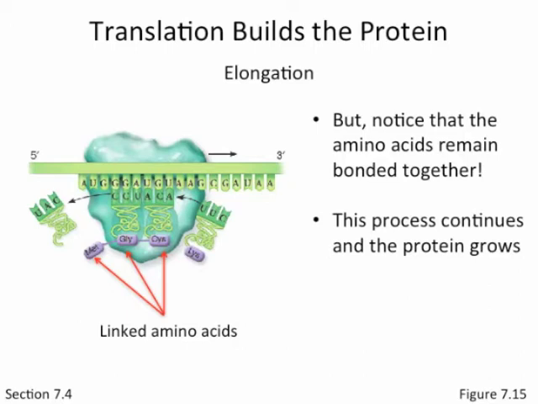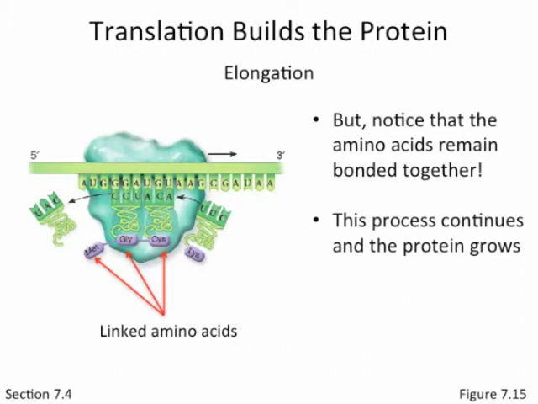Okay. What do you think is going to stop it? Eventually it's going to reach one of those stop codons, one of those regions that didn't code for an amino acid, but coded for stop.